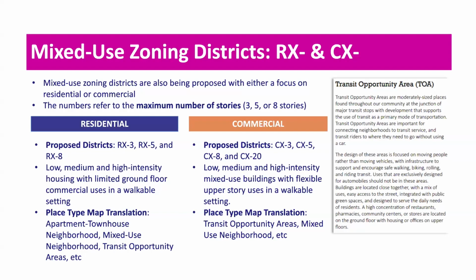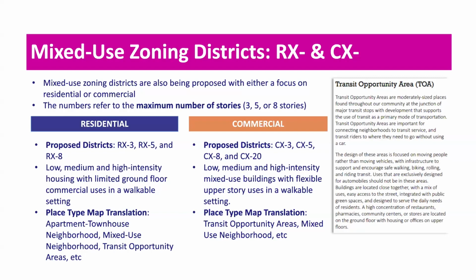And then CX 3, 5, 8, and 20 are the same. CX 20 is generally reserved for places like downtown, right? And so they also refer to low, medium, and high intensity housing. So the intent is that it gets more intense as it goes up, right? And so some of the place types that we were drawing from as well are that apartment townhouse neighborhood place type, mixed use neighborhood, transit opportunity areas that I sort of went over already.